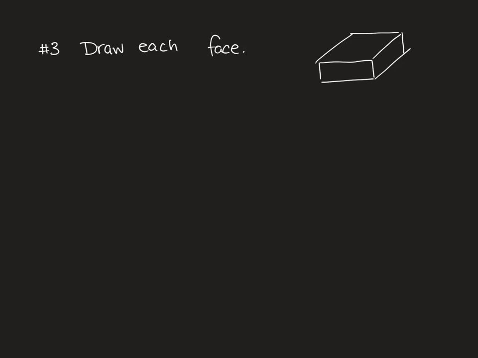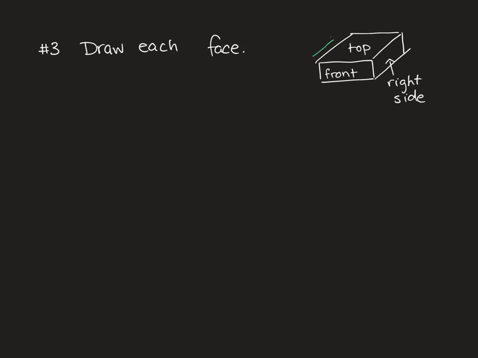Now, for question number 3, we're going to be drawing each face. So if we have a rectangular prism, and I know that this is the front, we have the top, and we have the right side, then I'm going to give you some measurements, and I'll put them in a different color just so they're easier to tell apart.